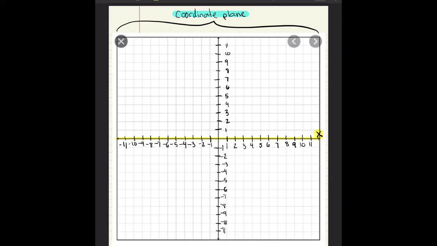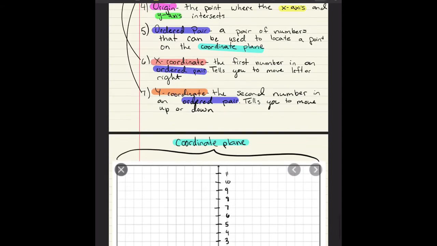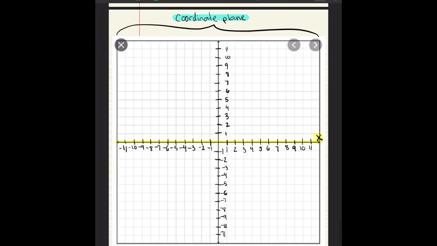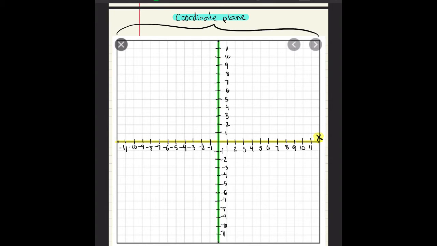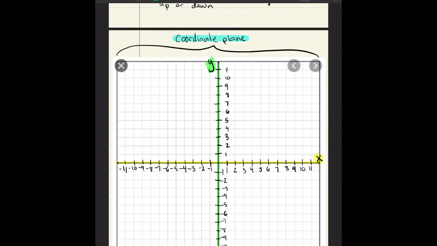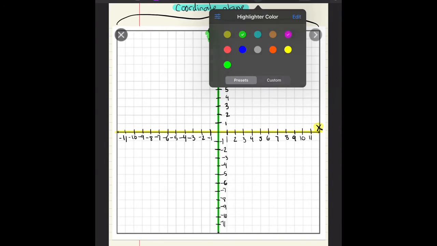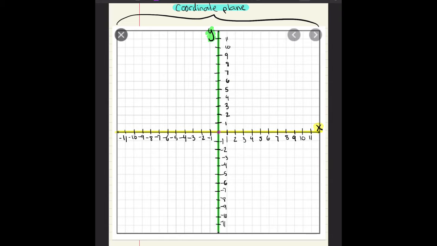And then our y-axis is our vertical line. Right here. This is our y, so let me label the y. Now we have our origin, which is where these two meet. So our origin is right here.